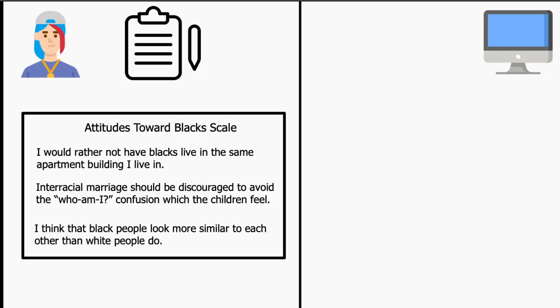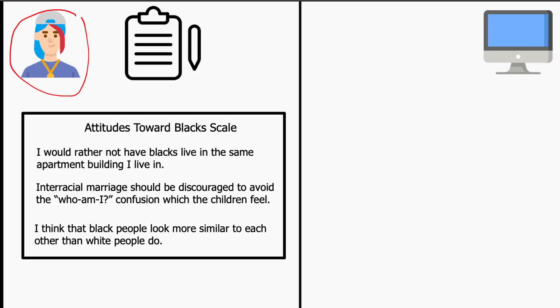Here's a classic study by Dovidio and colleagues in 2001, and we will come back to this study later. Imagine you're coming into a lab, you're a student, and you're white in this case, and first you have to measure your explicit attitudes towards Black people.